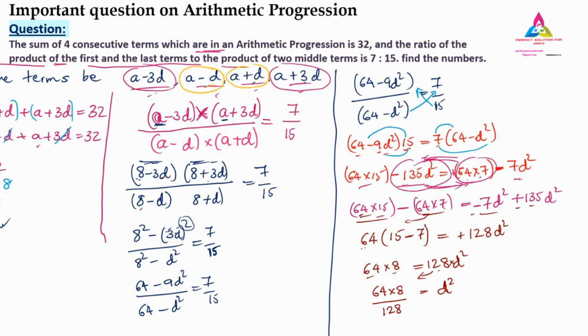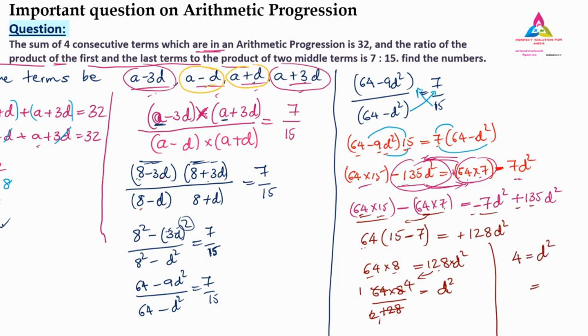That was the trick. 64 ones are table, you may not know, but remember 64 twos are 128. If you don't know 64 ones, go for 8 ones and cancel it, and you can solve that. Otherwise directly you can go for 64 ones, 64 twos. So 2 ones are, 2 fours are.